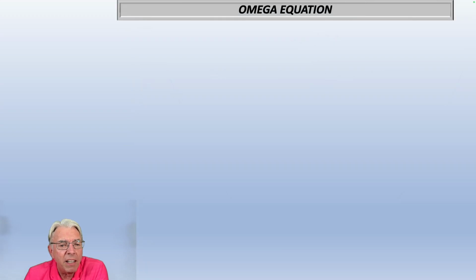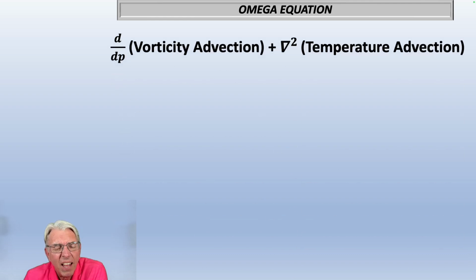All right, so the omega equation, which again gives meteorologists a way of evaluating whether or not air is going up or down, and this is a very simplified version. I didn't want to show you the actual equation because it probably would have caused all sorts of panic attacks and all that. But basically, it has two terms, and the first one is the first derivative with respect to pressure.